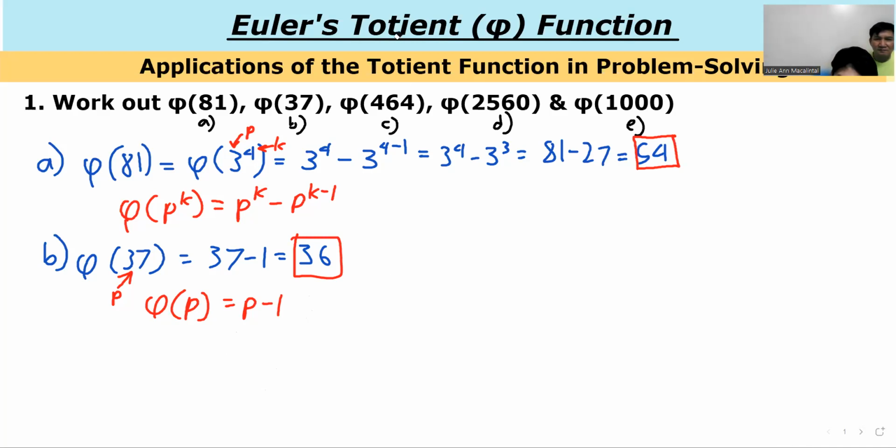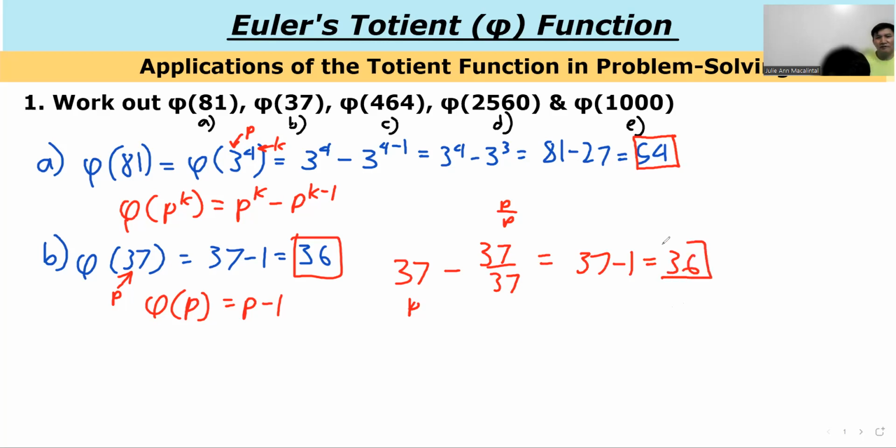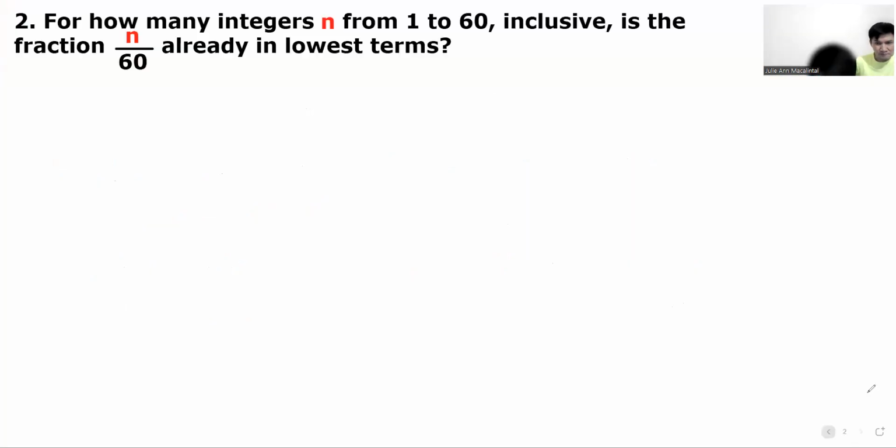P minus 1 is actually p to the power 1 minus p to the power 0, that is 37 minus 37 over 37, or p over p. So eventually that just works out to 37 minus 1, which is also 36. So everything actually boils down to the same formula, right?